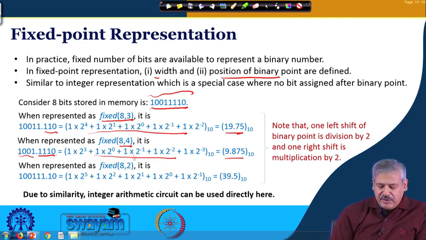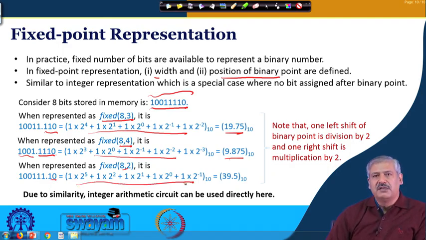And instead, if it was 8-2, 2 digits will be there after the binary point, and again if you convert binary to decimal, you get 39.5. So, the same number, depending on the number system, the fixed point representation has different values.